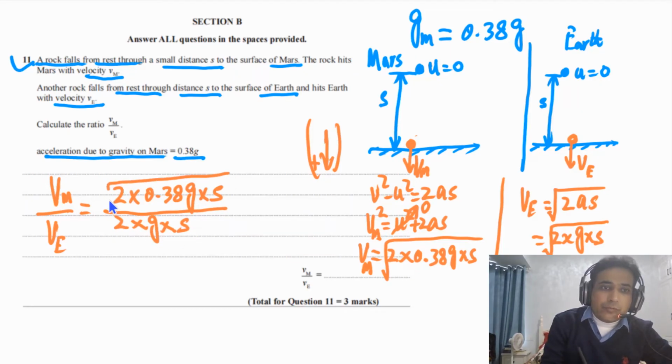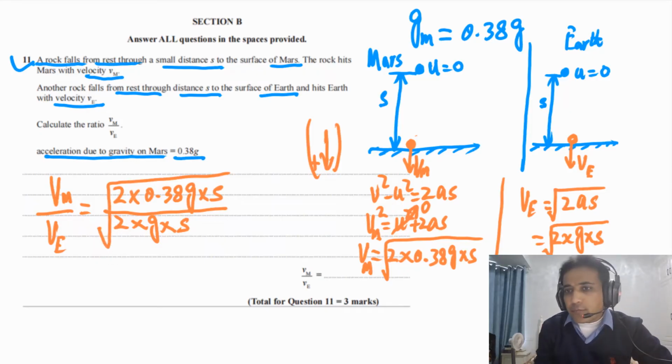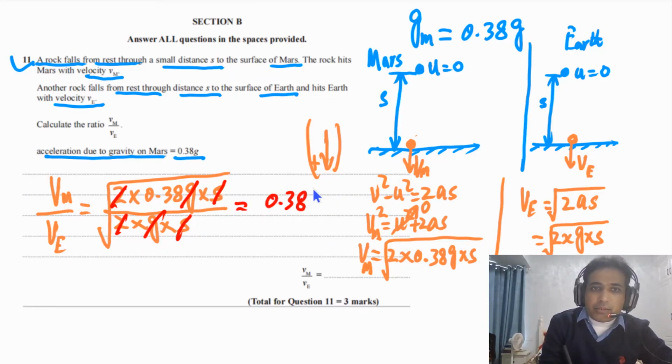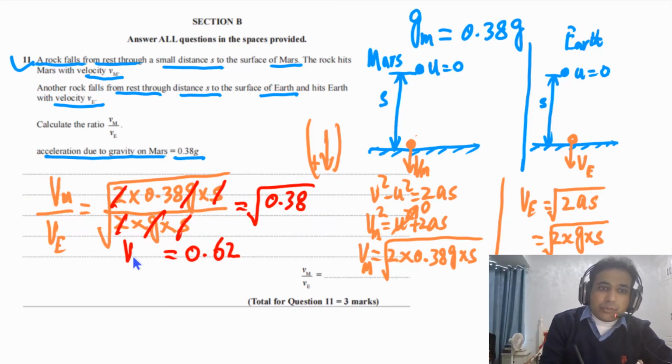From here we can cancel this g with this g, this 2 with this 2, and this s with this s. If we take the square root of 0.38, we get 0.62. So this is the ratio between vm and ve.